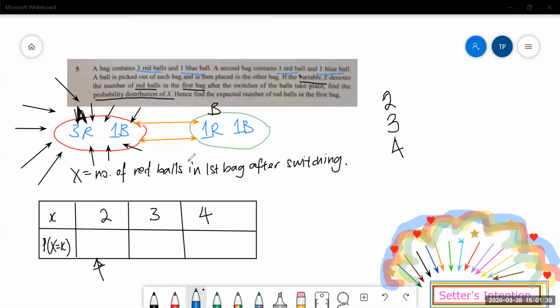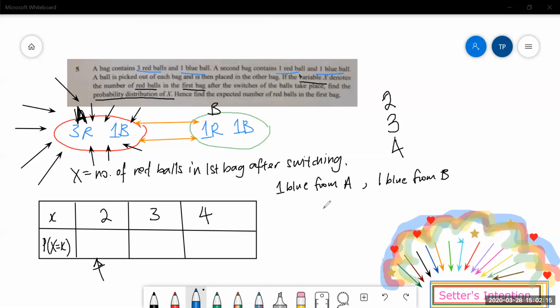Okay, so to get x equals to 3, can I move on? To get x equals to 3, to have 3 red balls in the first bag after switching, it can be that I take 1 blue from A and 1 blue from B. Is there any other scenario?